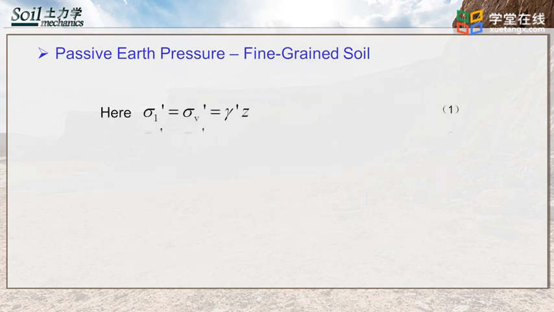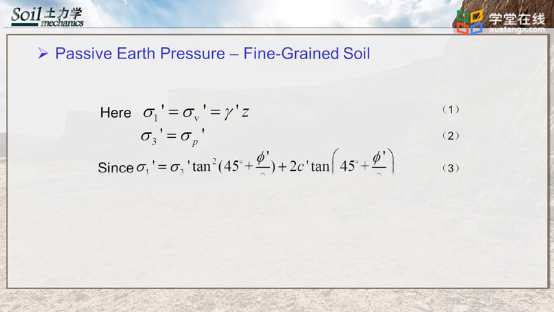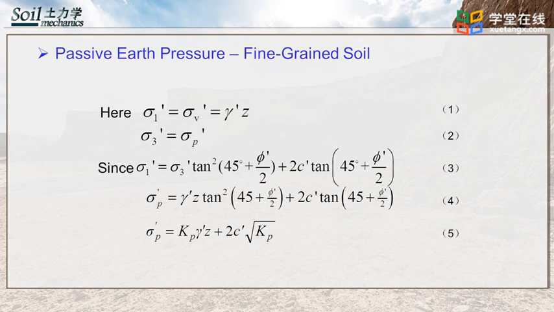According to the geometry of the Mohr circle, we can get the relation between sigma 3 and sigma 1 as shown in equation 3. Substituting the first two equations, we can get equation 4, which can be used to calculate the passive earth pressure sigma p. Substituting Kp as Rankine's passive pressure coefficient, the equation can be simplified to equation 5.